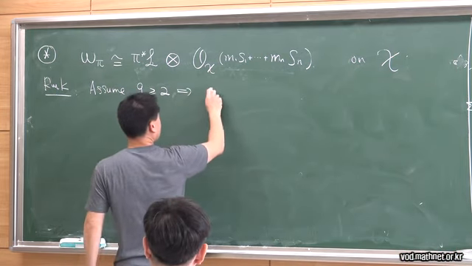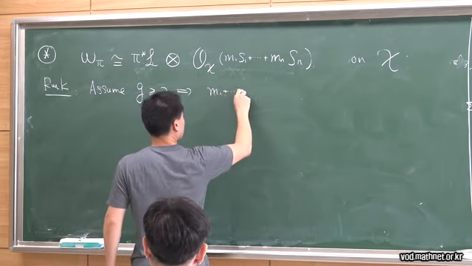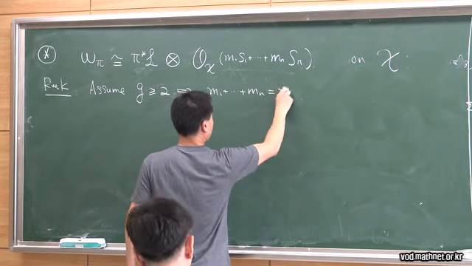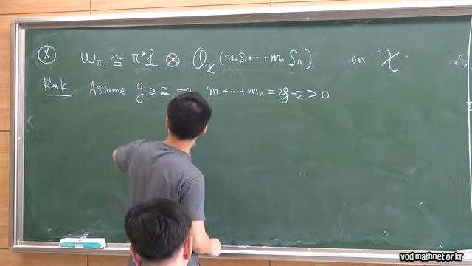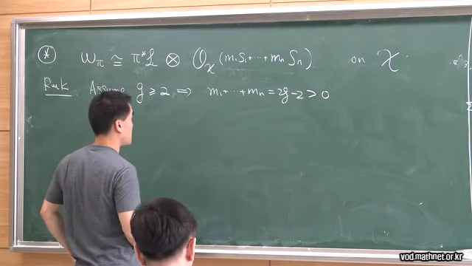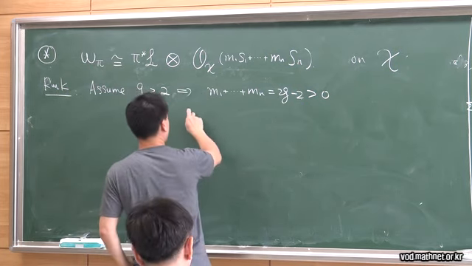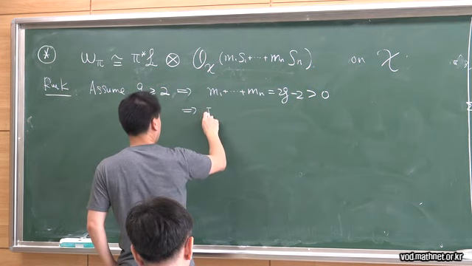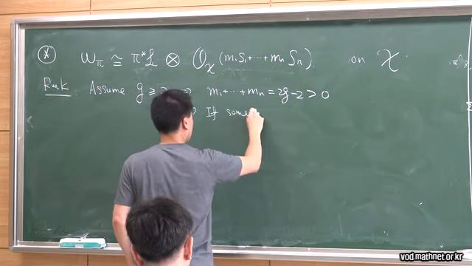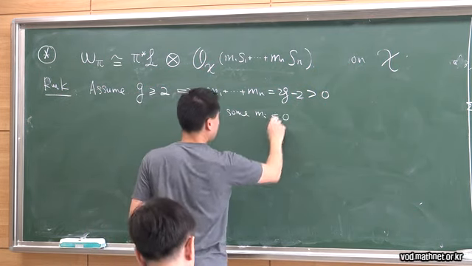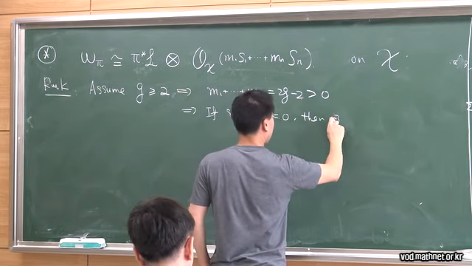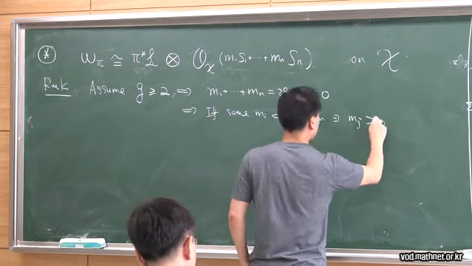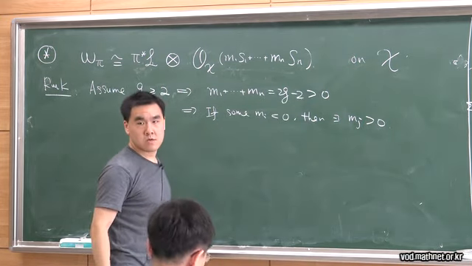That tells us the sum of the mi, which is equal to 2g minus 2, is strictly positive. Actually, I can even include the case genus equals 1, but that doesn't matter. That tells us if some mi is smaller than or equal to 0, then there must exist some other mj bigger than or equal to 0, because the sum is positive.